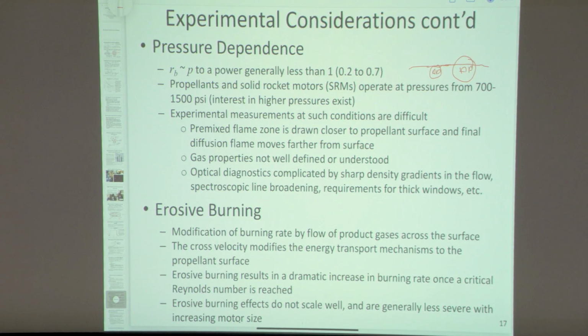What happens as I go up in pressure, the AP burns at a faster rate. So it tries to dig down into this propellant. And as it digs down, it basically increases the rate of gas coming off of the surface. And remember, it's the AP that creates the O2 in which the binder out here has to react with.